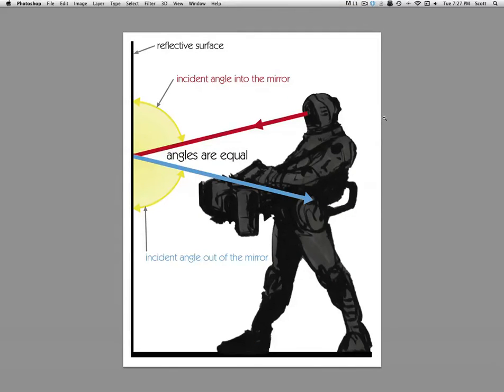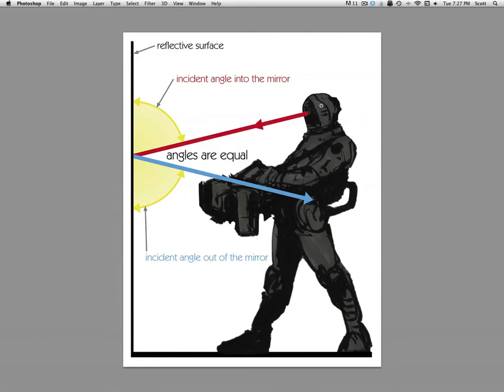So if this is a reflective mirror, this vertical mirror, and this guy is standing here looking into that mirror, this red line represents that viewer's line of sight. And when we take a picture, that would be essentially our camera.